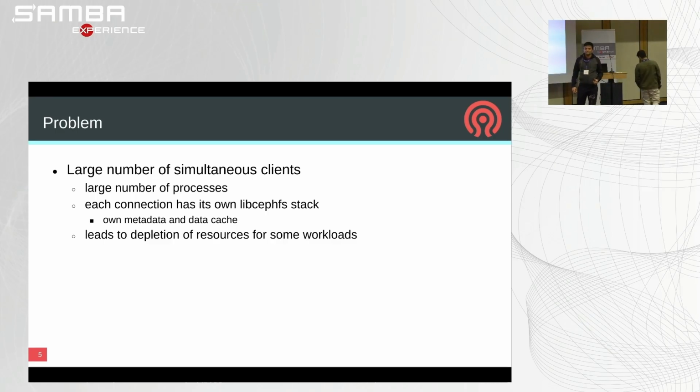Thanks. Just to complement what you were saying, a little bit of a fine point here. The initial connection we were talking about is a TCP connection, which triggers the fork. The connection to the backend file system is made when the tree connect operation is done from SMB. Tree connect causes the VFS module to be loaded, and this causes the whole client stack to be loaded for Ceph in this case.